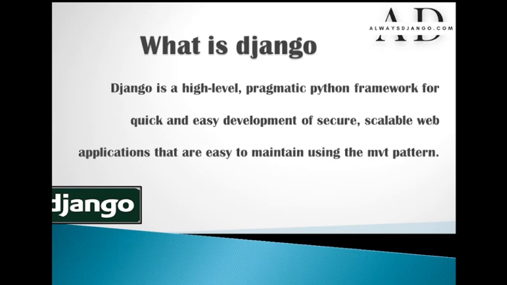Frameworks are tools that are put together to reach a specific target. In this case, we are talking about web application development. So Django is a Python framework that makes it easy and seamless for us to develop web applications using Python, right? The MVT pattern, we'll get into that later.